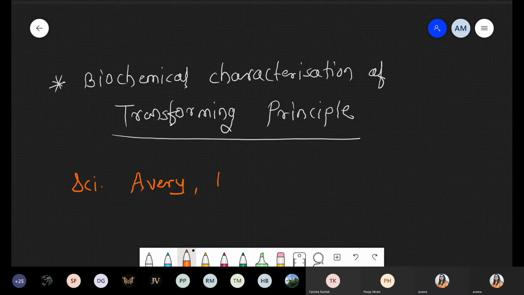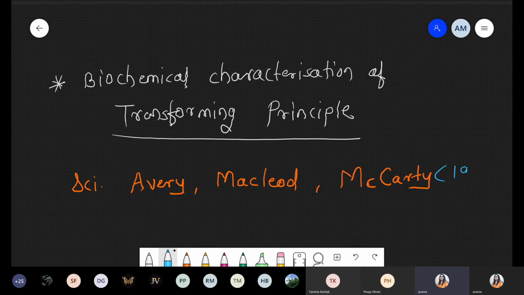Number two, MacLeod. And the last one, McCarty. So in 1944 they discussed that chemical characterization. Griffith experiment was in 1928. A few years later, in 1944, they explained that chemical nature.